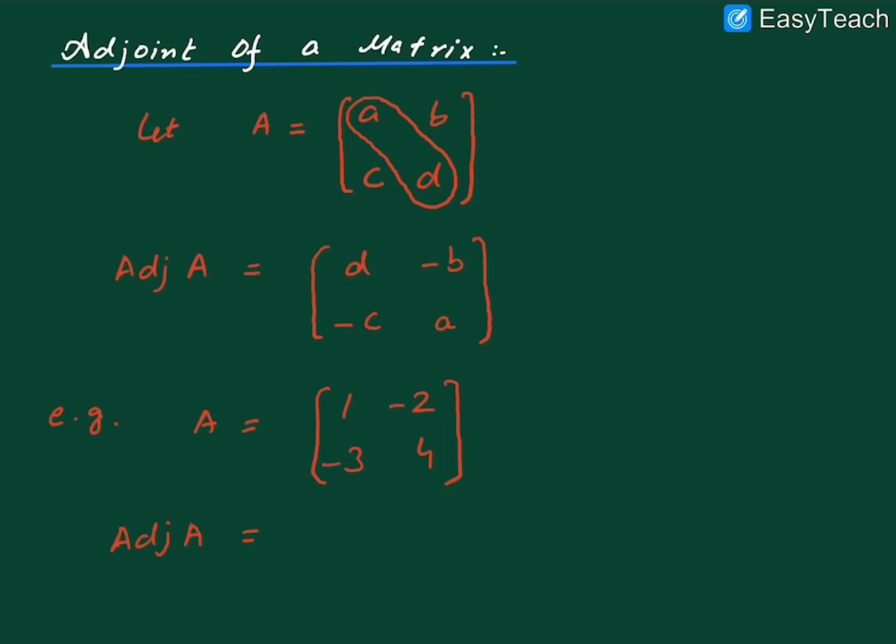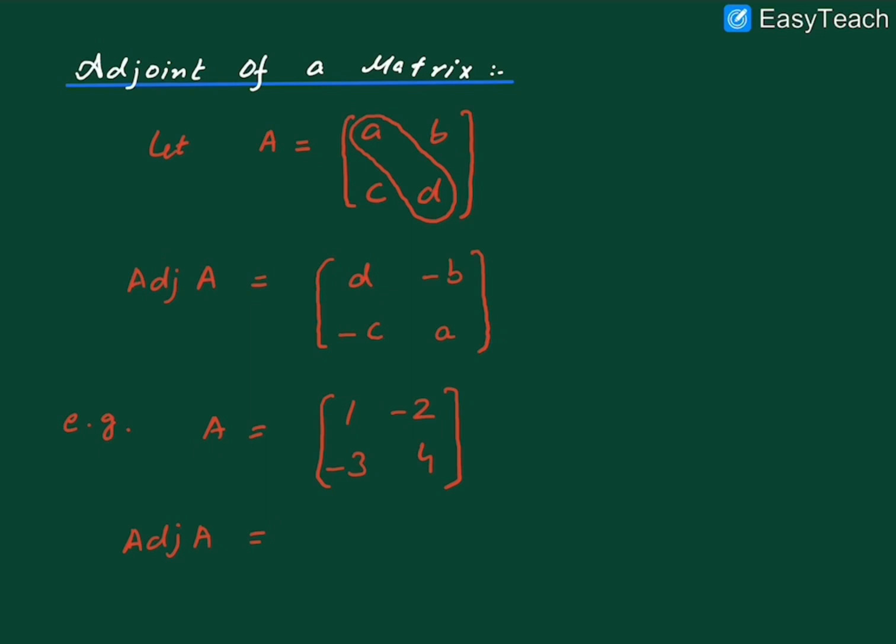So what will happen? Interchange the main diagonal: 1 bring here, 4 take there. So it will be 4 and 1. And the sign of 2 becomes minus 2, and the sign of 3 becomes minus 3. So this is how to find the adjoint of A.